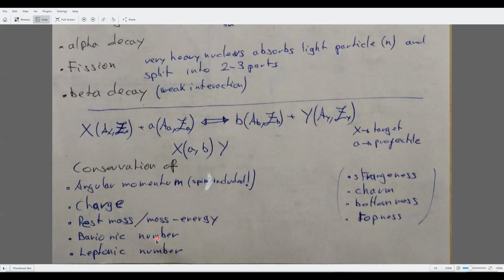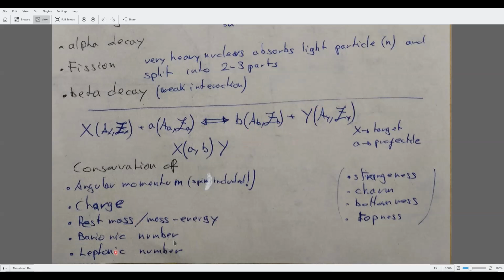Then the rest mass energy, which we'll see. Actually most of the rest mass is considered together with the energy, including the gamma emitted by the reaction as part of the reaction.